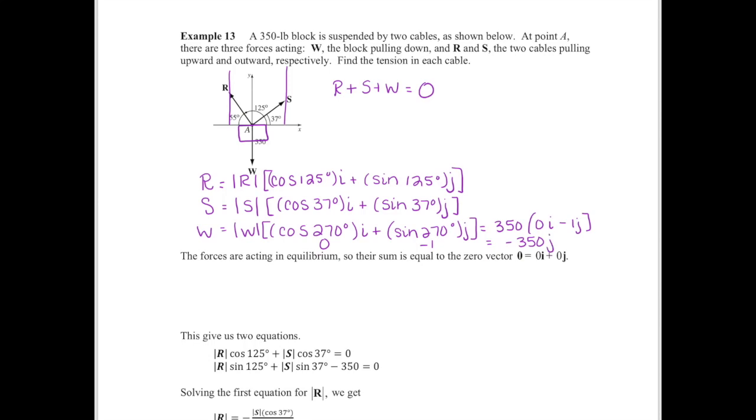We know then that to have an equilibrium, the 0 vector is 0I, 0j, since we're not going left or right, nor up and down.